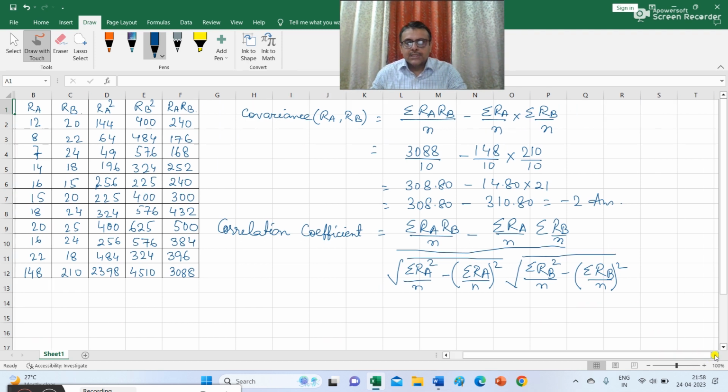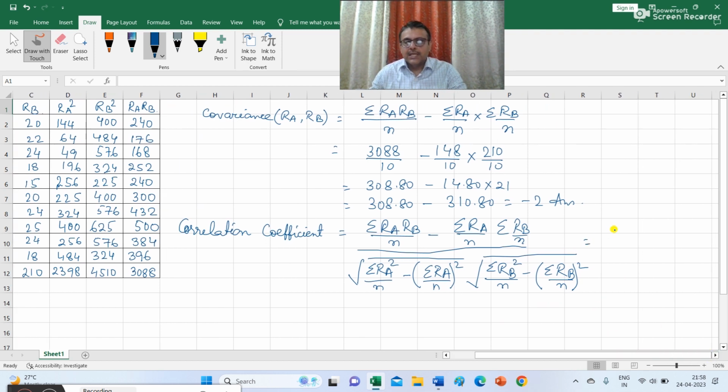So correlation coefficient is basically covariance of RA and RB divided by sigma, that is standard deviation of return of security A, and standard deviation of return of security B.